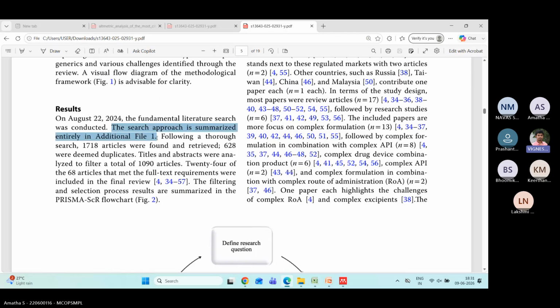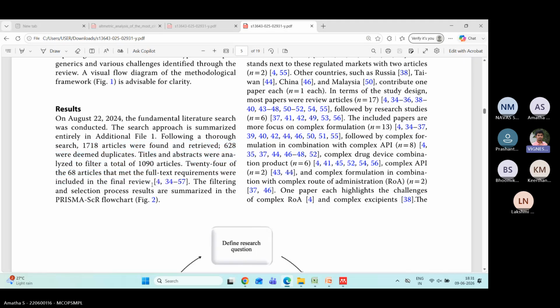That is your search strategy. The number of articles from that search strategy you will note here. And then you will write about the PRISMA diagram: this many articles were found, this many duplicates were there, then title and abstract screening was done, from that this many articles we got. Again, we will do full text screening.